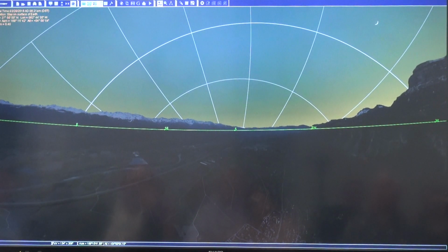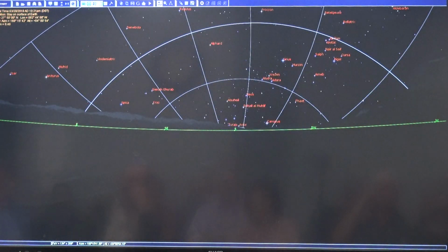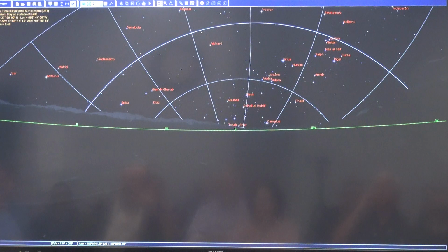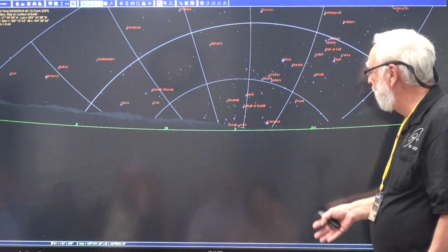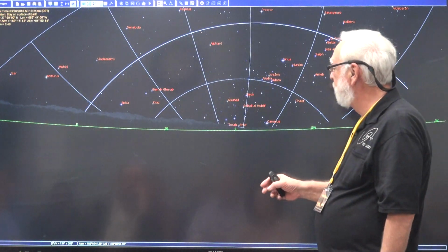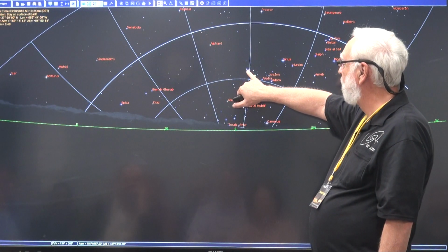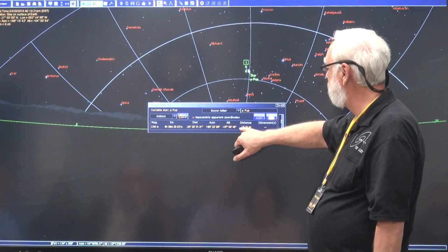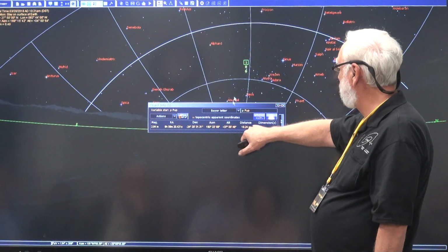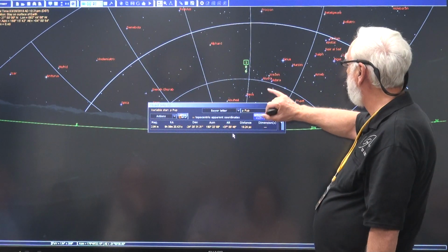Is this free or does this cost money to get the software? This program? Radio Sky? Is that what you're doing? Oh, no, this program is Redshift. Got it, okay. This is just astronomy software. Okay, so let's presume that we have, can you click on this dot right here to give us information? Okay, yes, that's exactly what I want.